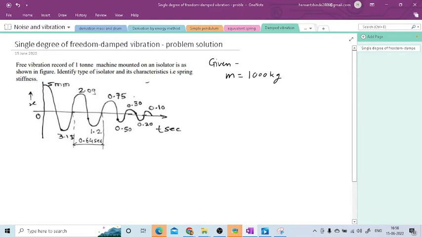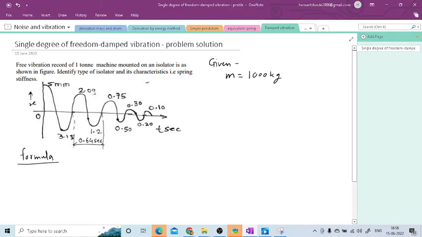Now whenever we see such a type of graph, keep in mind that it will be related to the logarithmic decrement, and the formulas which are required for this solution I am going to write.